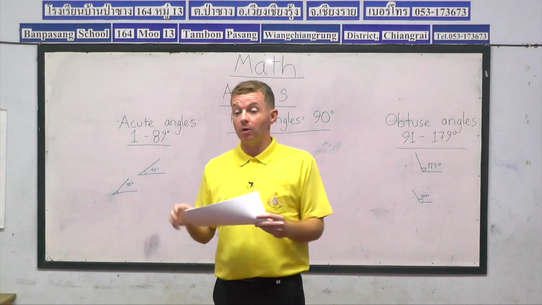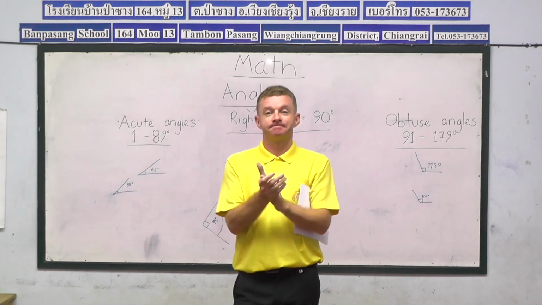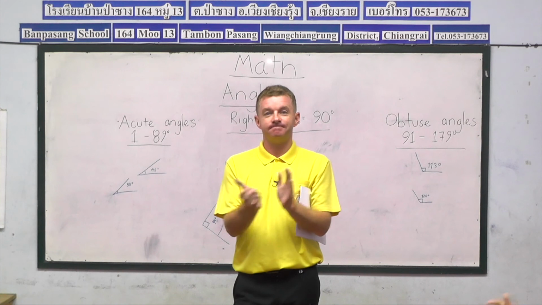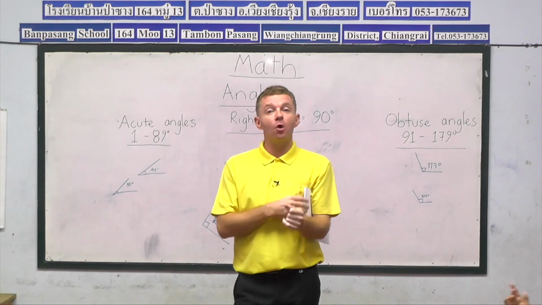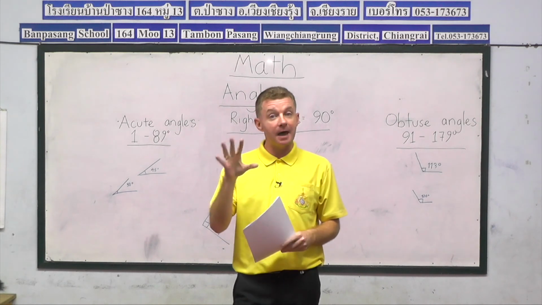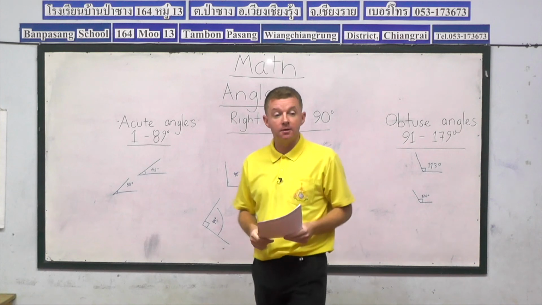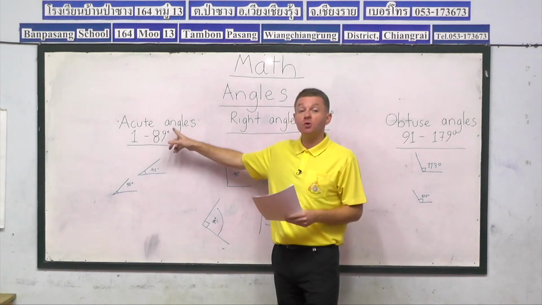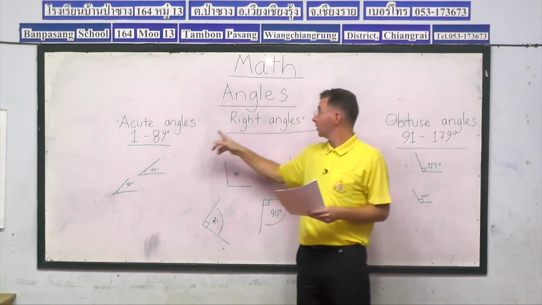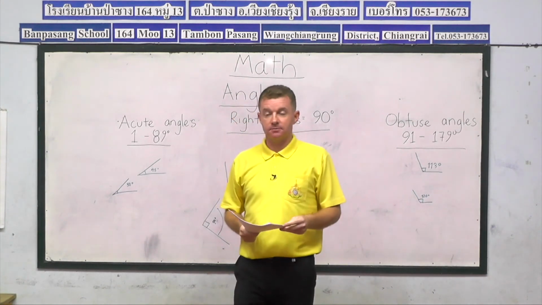My students here all did a brilliant job, so very well done, guys. And that's all we've got time for today's lesson. So we hope you've enjoyed it and now understand about 3 different types of angles, which are, one more time, guys, acute angles, right angles, and obtuse angles.